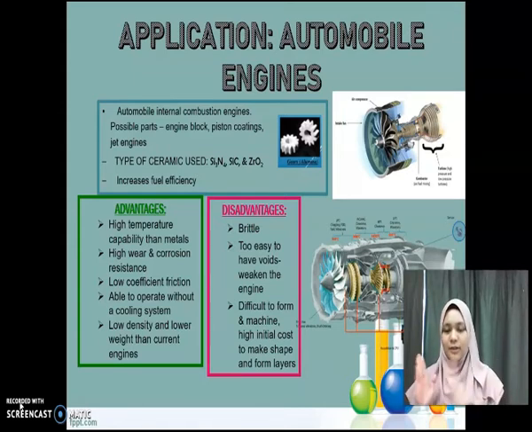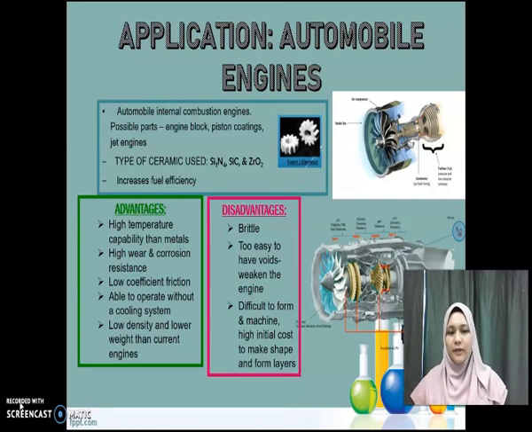Just now, we saw the different categories of ceramic: oxide, non-oxide, and composite. But this automobile engine uses the third category, where we use the oxide and the non-oxide. We use advanced ceramic because we can increase the fuel efficiency.